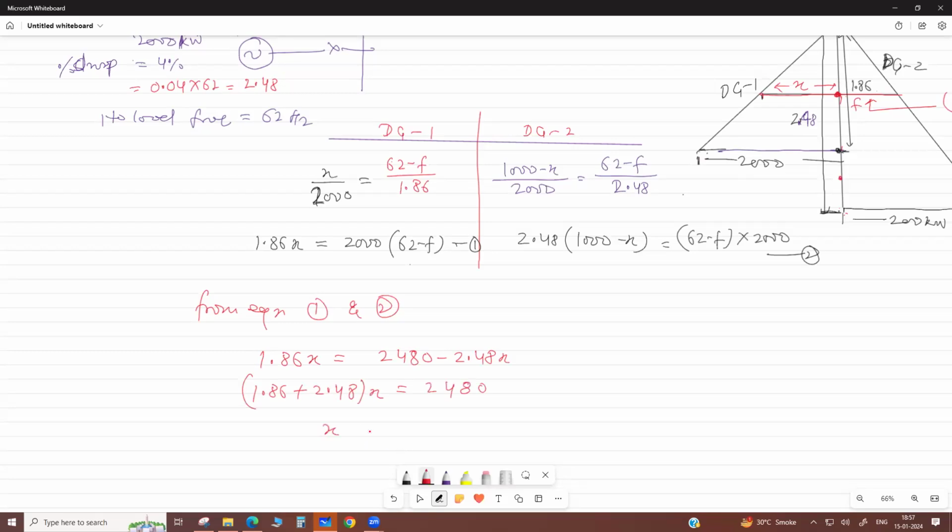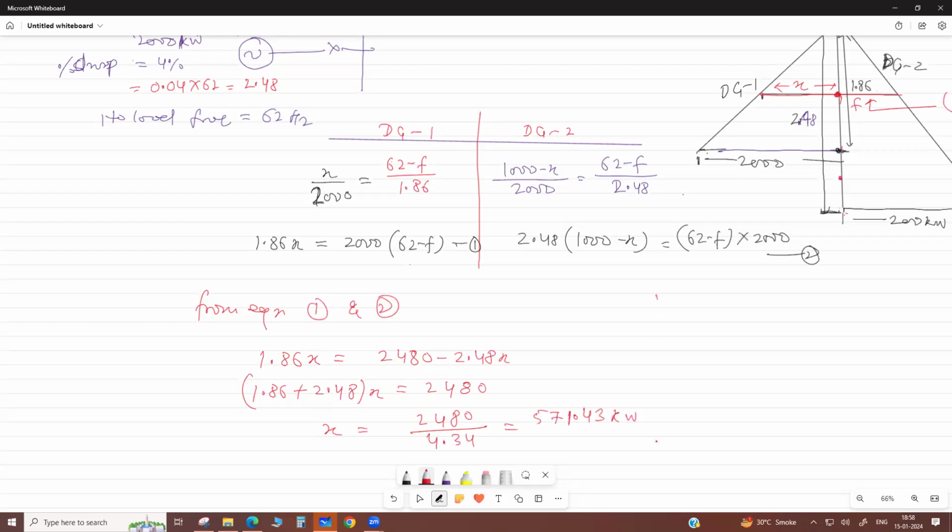Then x equals 2480 by 1.86 plus 2.48, which is 4.34. Then 2480 by 4.34, you get 571.43 kilowatt.